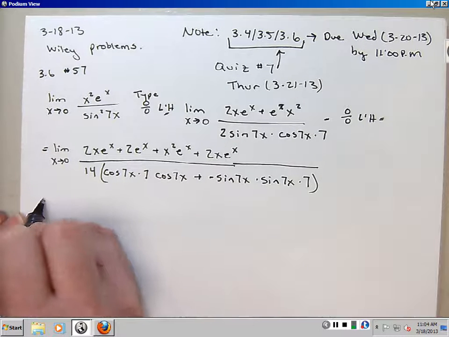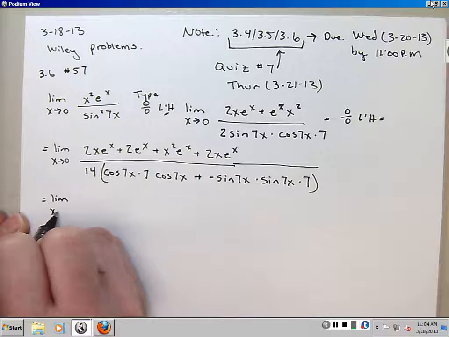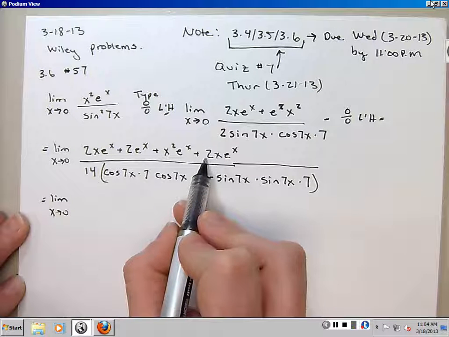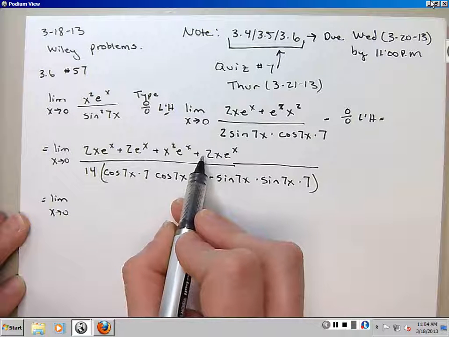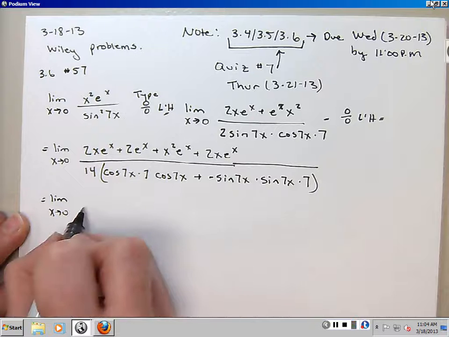So cleaning this up, the limit as x goes to 0, let's factor out an e to the x.